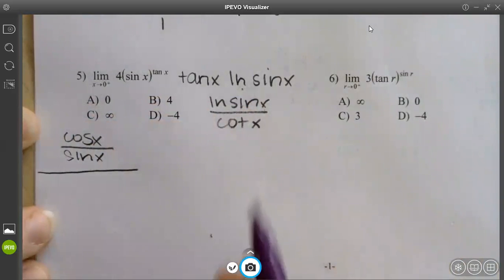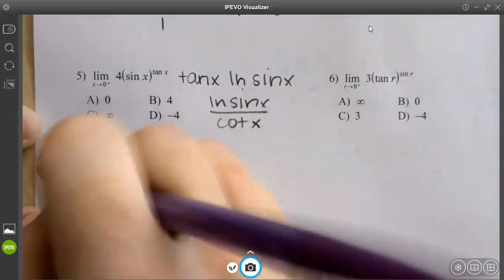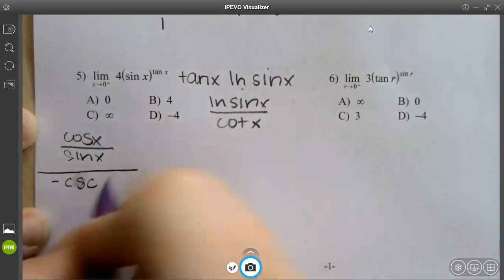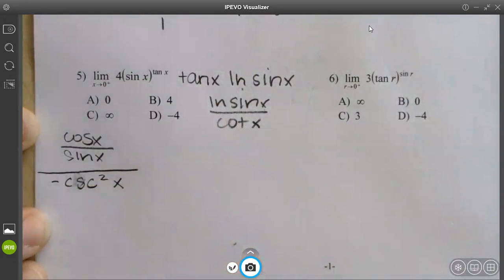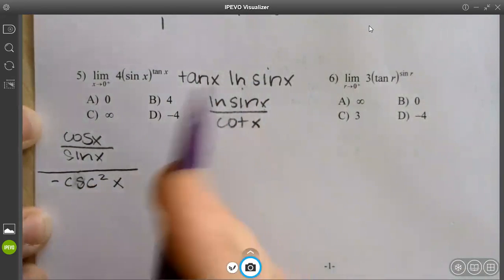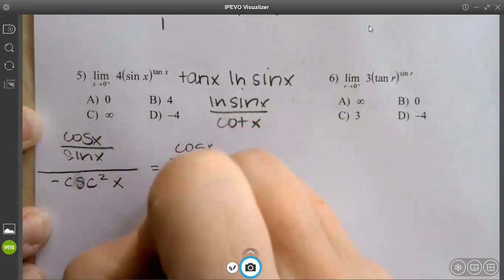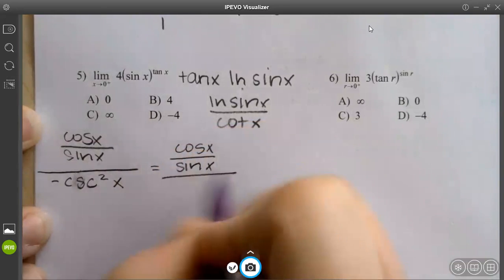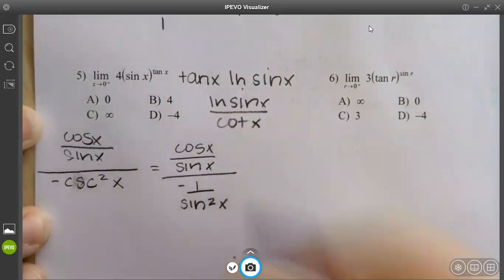Derivative of cotan: negative cosecant squared x. What is cosecant squared? We can change this to -1 over sine squared x.